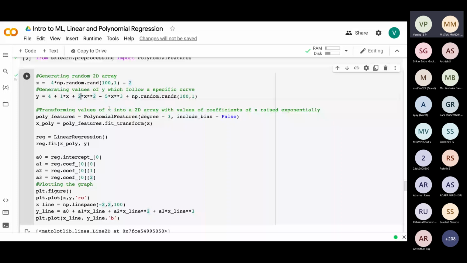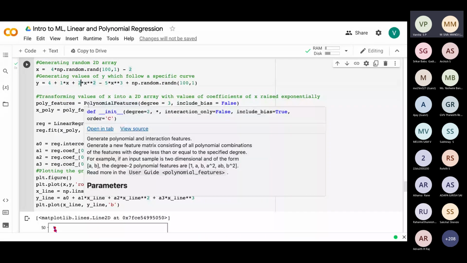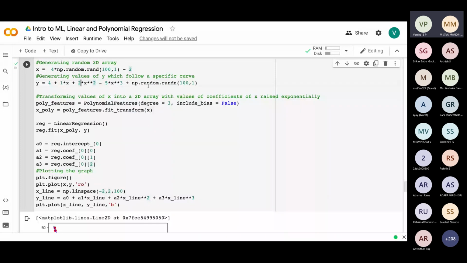Later, coming to polynomial features: what polynomial features does is it takes in the array and creates a 2D array with the values of x raised to different powers. Like you'll have a 2D array with the values of x, x square, x cube, x power 4, as far as you wish.